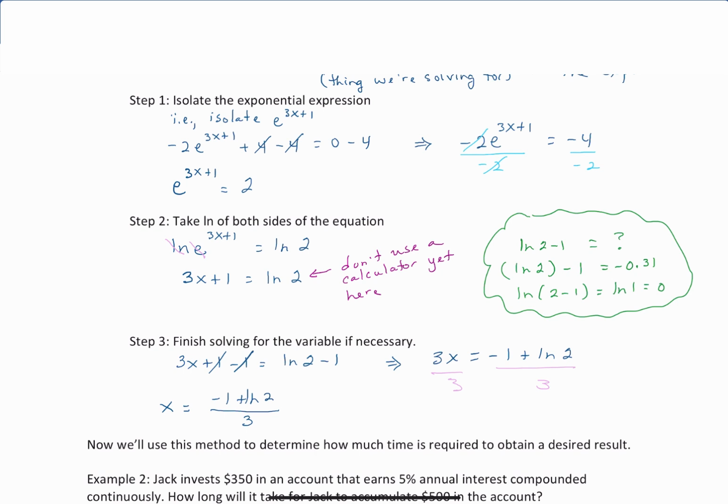So figure out exactly what you're going to enter into your calculator for x and do it then at the end. So I'm going to take the natural log of 2. I'm going to then subtract 1 from it, or you can think of that as adding a negative 1. They're the same thing. And then I'm going to take that answer and divide by 3, which is going to give me negative 0.1.